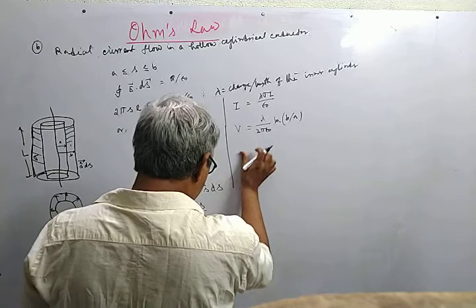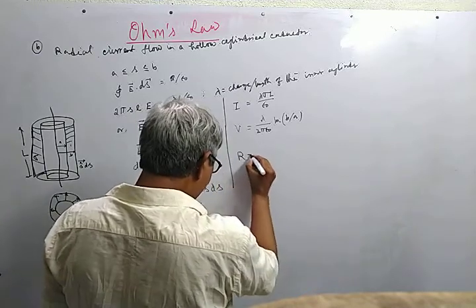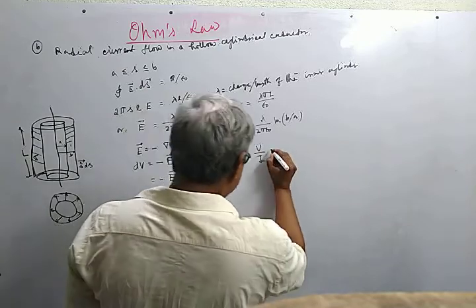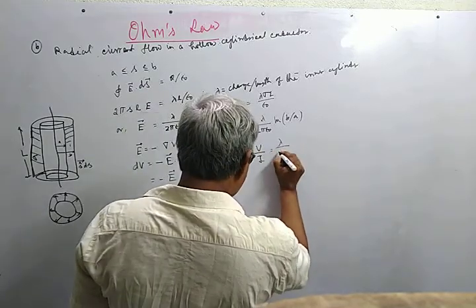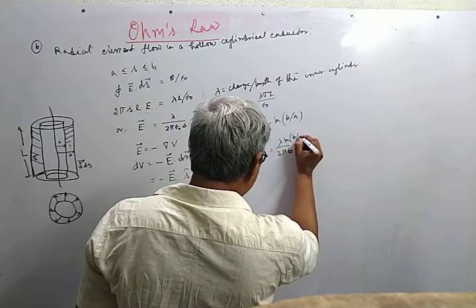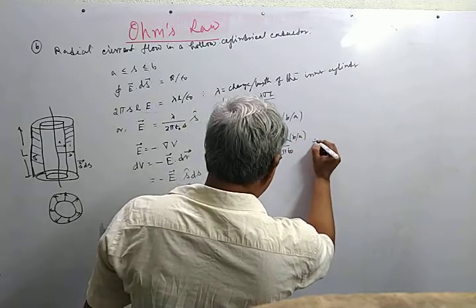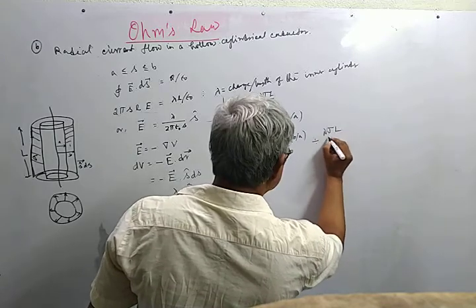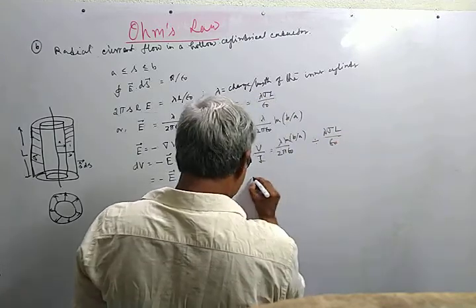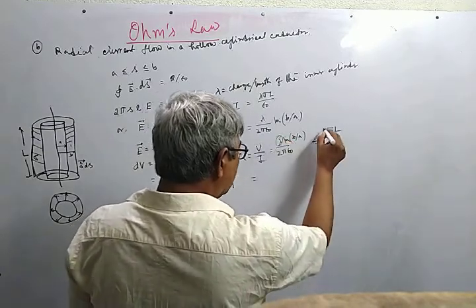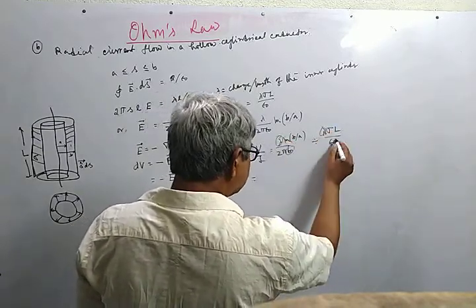Resistance R is defined as V by I, so this is lambda by 2 pi epsilon naught log b by a divided by the current, so lambda cancels out and epsilon 0 cancels out.